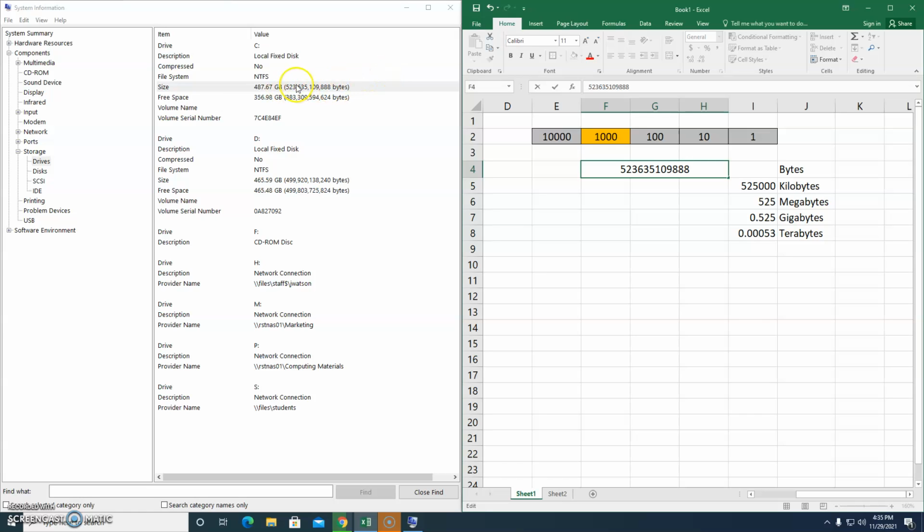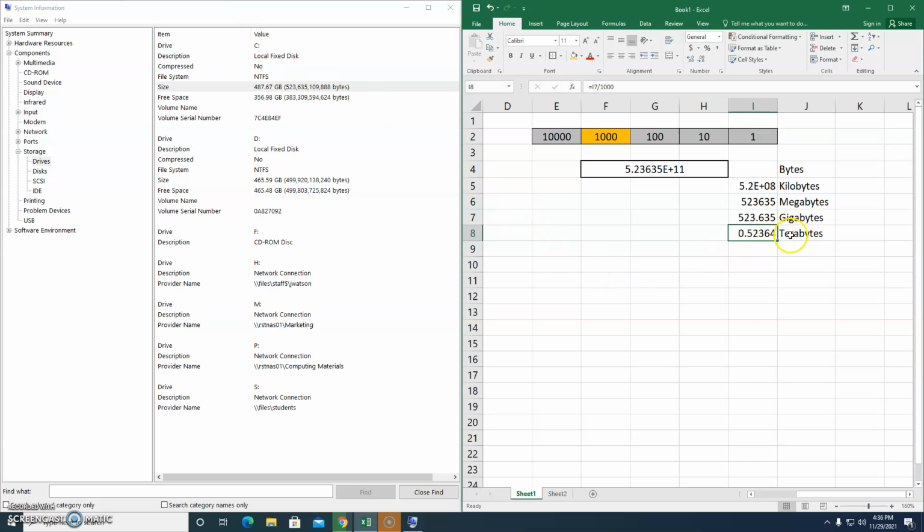That's how big my C drive is. So that is 523 gigabytes, or it's half a terabyte. That's how big my C drive, my hard drive is.